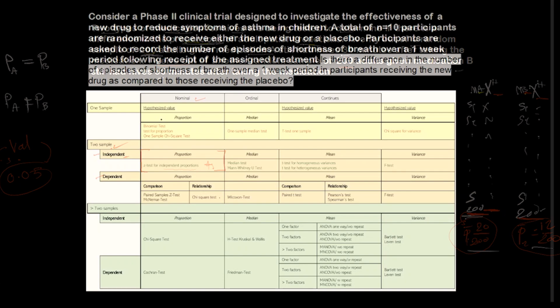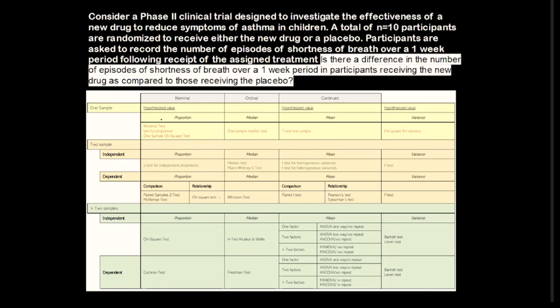In this question, consider a phase 2 clinical trial designed to investigate the effectiveness of a new drug to reduce symptoms of asthma in children. A total of 10 participants are randomized to receive either the new drug or the placebo.